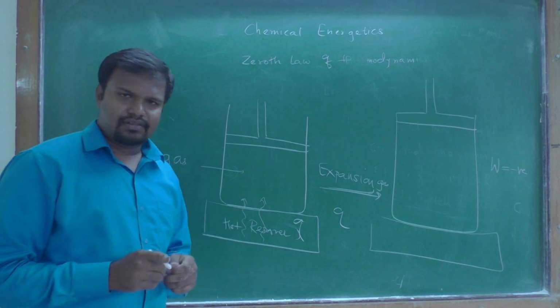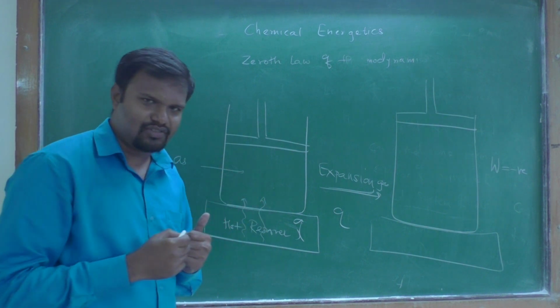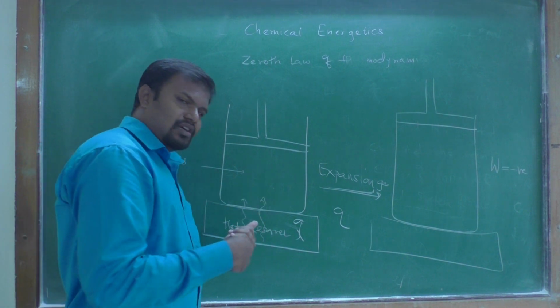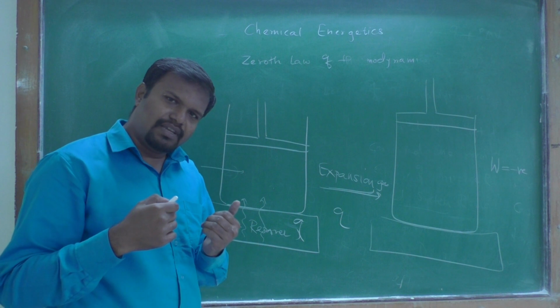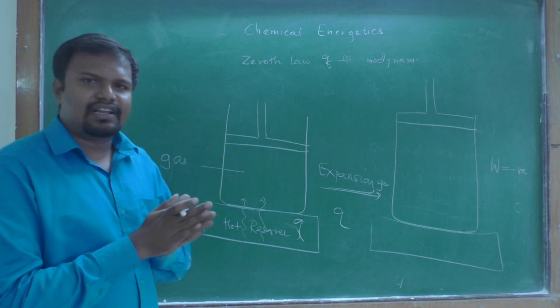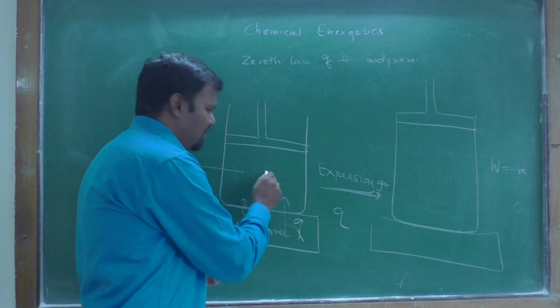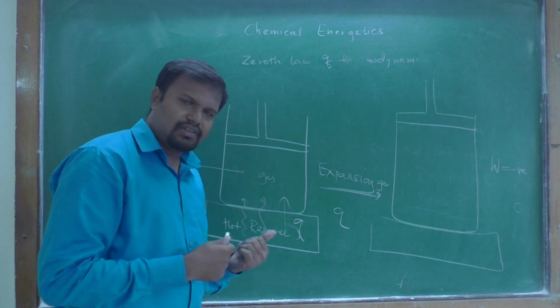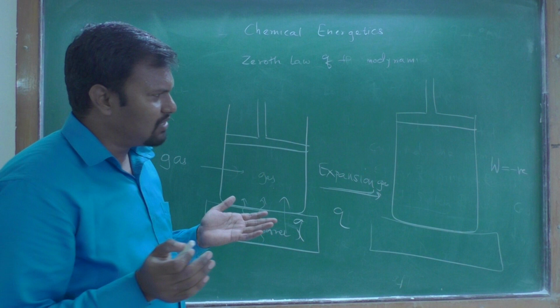Heat is given to this gas, and the gas gains energy, because Q transfers energy. Remember that. Due to the gas gaining some energy, the internal energy of the gas increases. Very easy. The gas gains energy and expansion of the gas takes place.